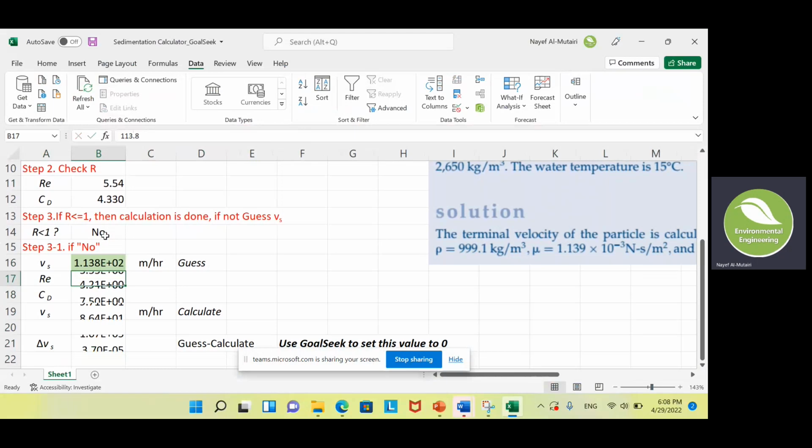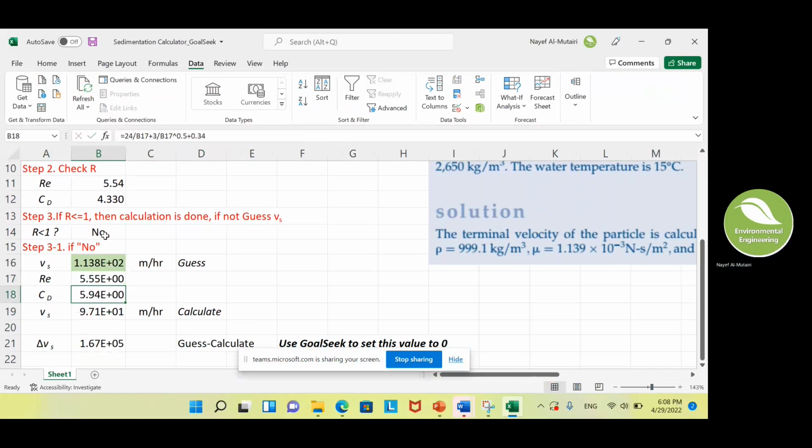This new VS and the initial VS have to be equal, so the difference between them has to be equal to zero. So the delta VS is the VS of the second one minus the VS of the first one. How can we make delta VS zero and find the initial settling velocity that will be the final one?